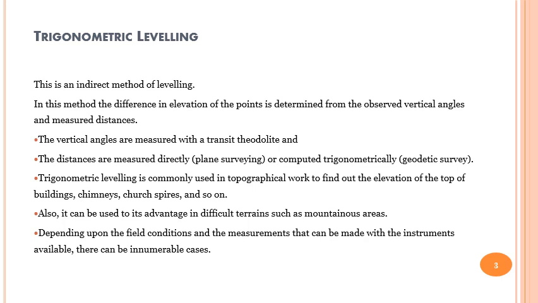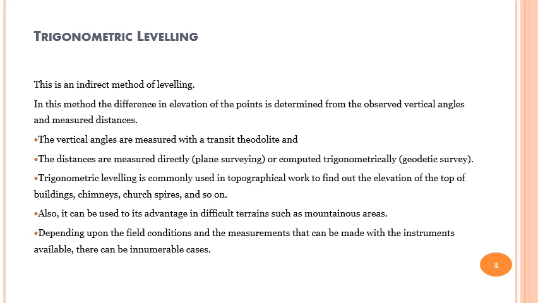In this method, the difference in elevation of points is determined from the observed vertical angles and measured distances. The vertical angles are measured with the transit theodolite, and the distances are measured directly in plane surveying or computed trigonometrically in geodetic survey.